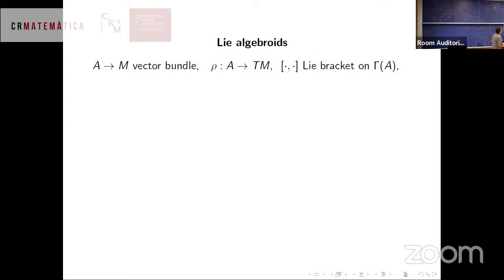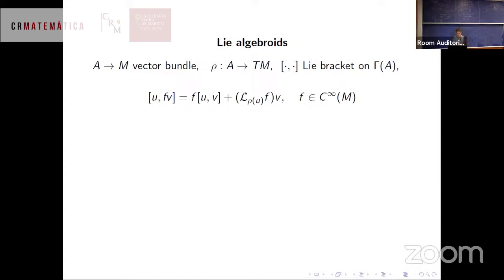So, it's a triple given by a vector bundle, an anchor map that is just a bundle map from A to TM, and a Lie bracket on the sections of A. Okay, and then there is a compatibility, which is the Leibniz rule.